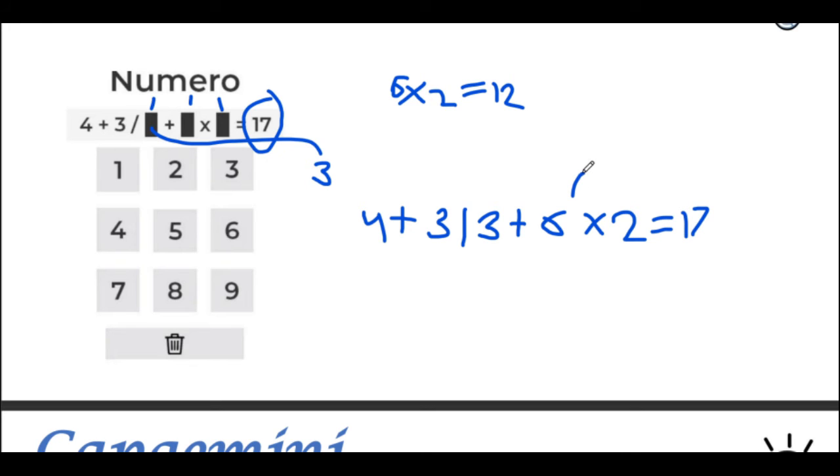As this will give 12 and this will give 1, and these together will give 5. So 5 plus 12 is 17. Basically we have to follow the BODMAS rule here, which we study from our primary classes.